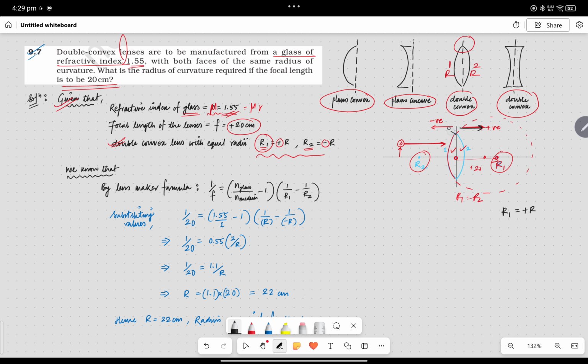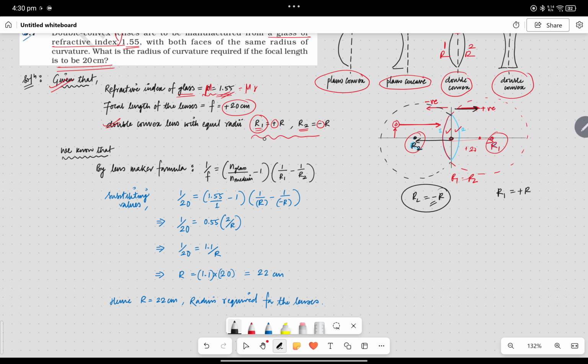Similarly for r2, you can see that you have cut that plano convex lens from this sphere, and that r2 is on this side, and you have to go to the pole again and walk the distance r2, and you can see that you are walking in the negative direction, so r2 is going to be minus r, right? You have to put the minus sign.